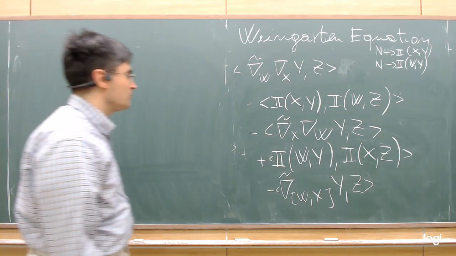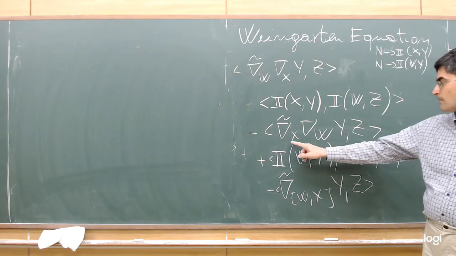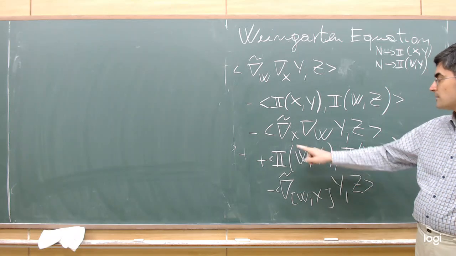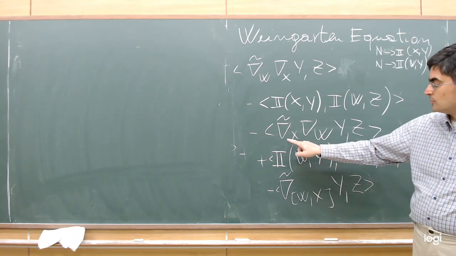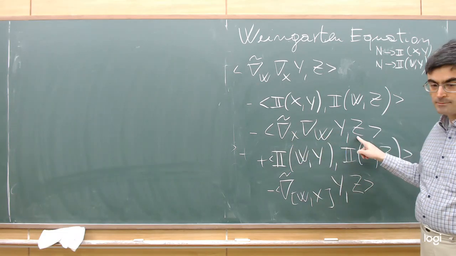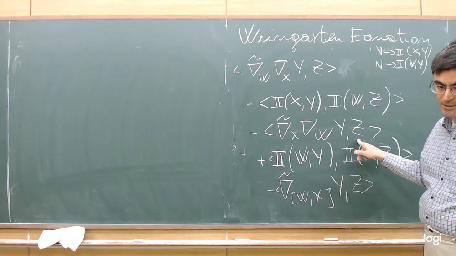If you do this, you will see that you have to multiply the normal component of nabla tilde of something with Z, which is tangent.